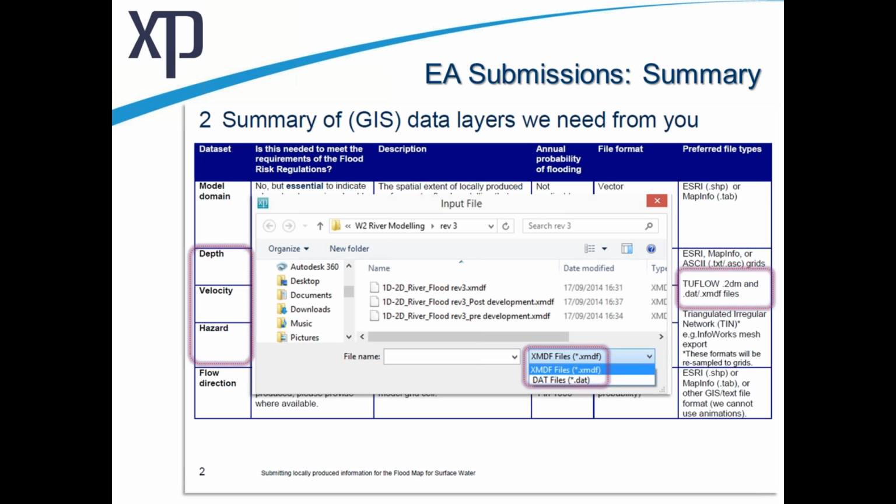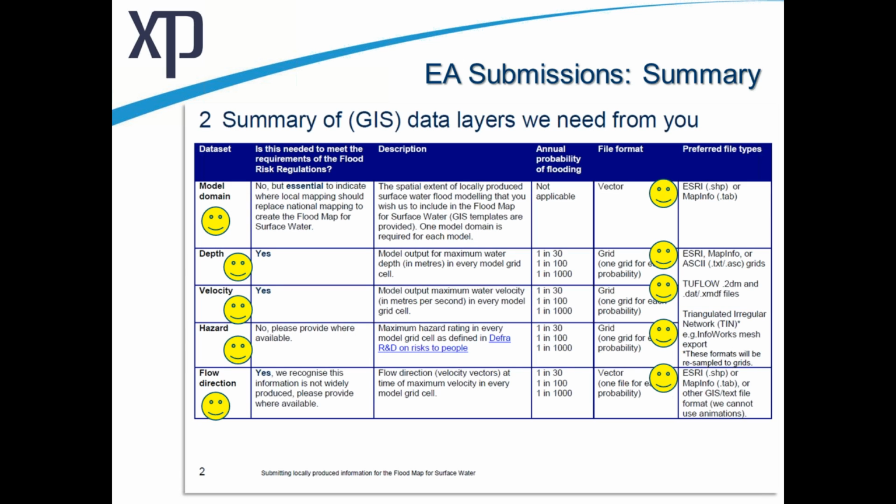We can exchange between the XMDF. Remember the .xmdf file format? We've even got a converter between the .dat and the .xmdf file formats as well, or just save out in one or the other. And I hope that makes for happy consultants, happy local authorities, happy Environment Agency, because there isn't one aspect of that particular table that we cannot now satisfy.